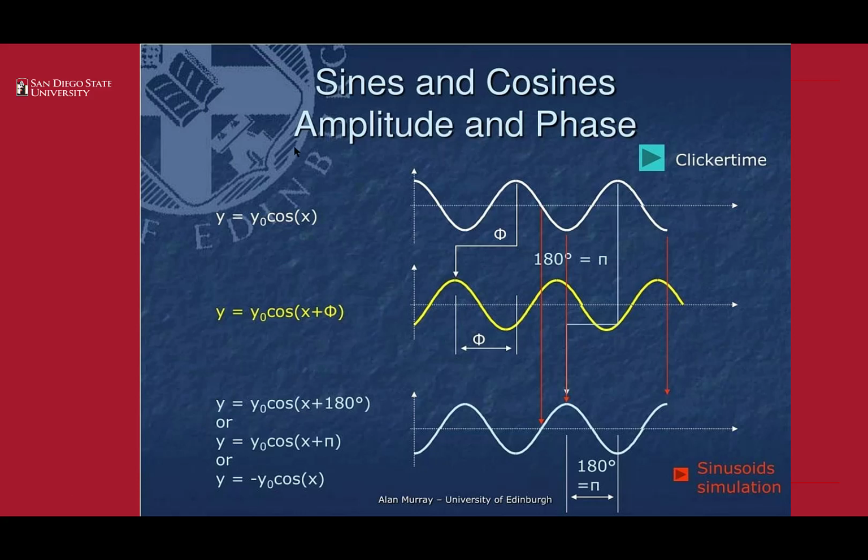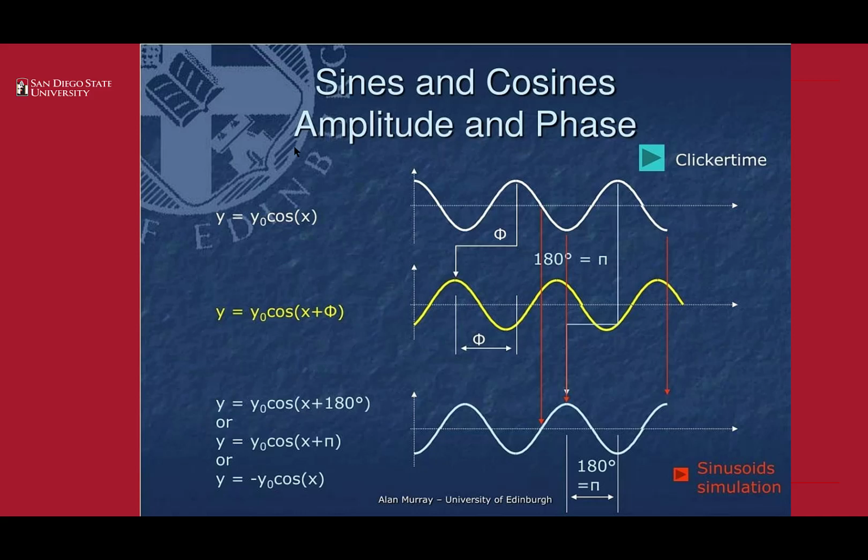However, we are not limited to 90 degrees or its multiples when it comes to phase shifts. We can shift the phase of a given signal by any degree or any radians. And this is usually represented with the Greek letter phi. In that case, the generalized form of our signal becomes y equals y0 cos or sin (x plus phi).